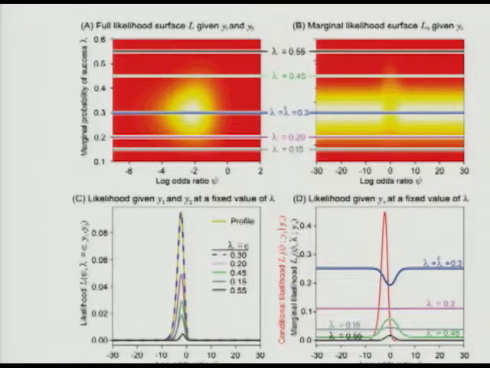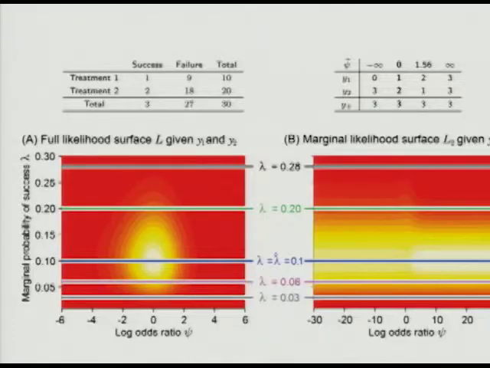Things get slightly more interesting. And this again tells you basically the same picture, with the conditional likelihood being very similar to the profile likelihood. Things get somewhat more interesting when the number of patients in the two groups differ, and now the marginal likelihood surface isn't completely flat.